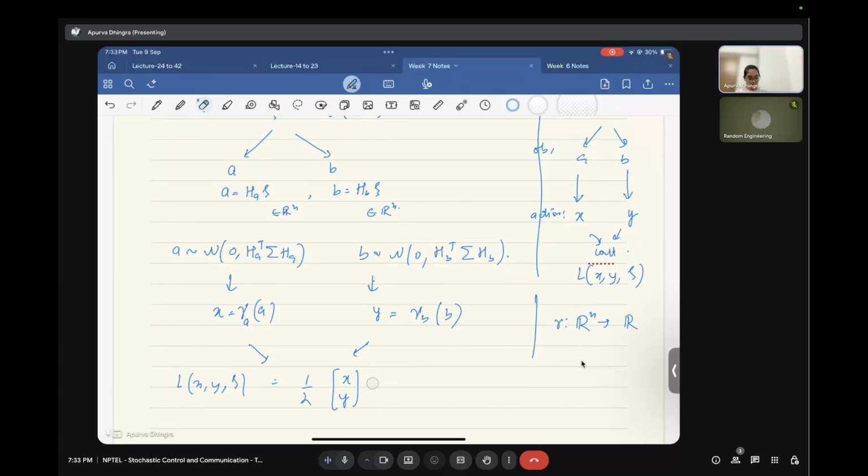There's a 2 cross 2 Q matrix here, transpose, and some other matrix of the appropriate dimensions inside, a matrix of dimensions 2 cross D.